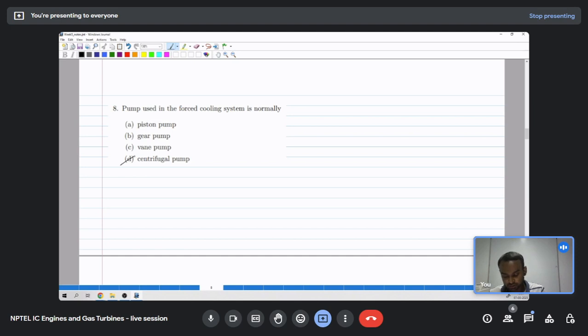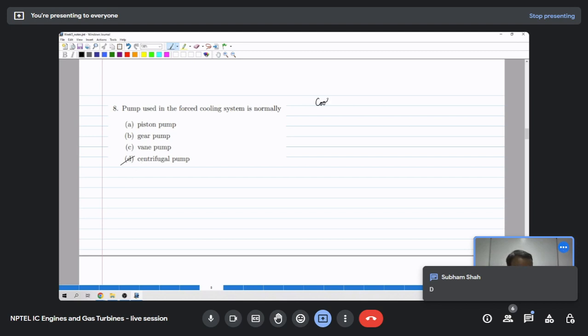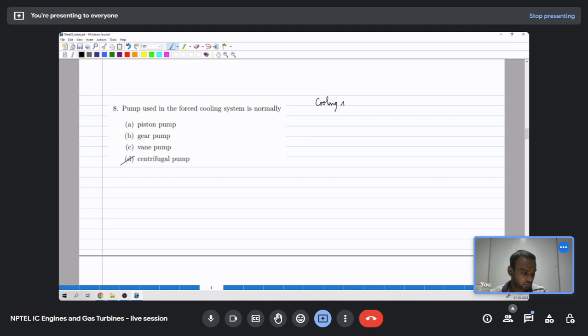The answer is centrifugal pump. Why? Because for the cooling system, the viscosity of the coolant is low. It's just like water, not like a lubrication oil, and also the flow rate requirement is high.